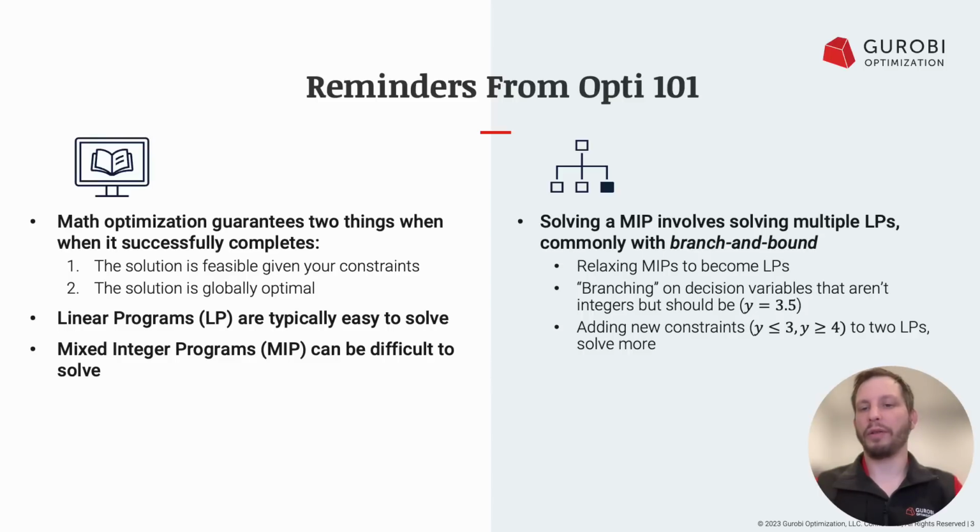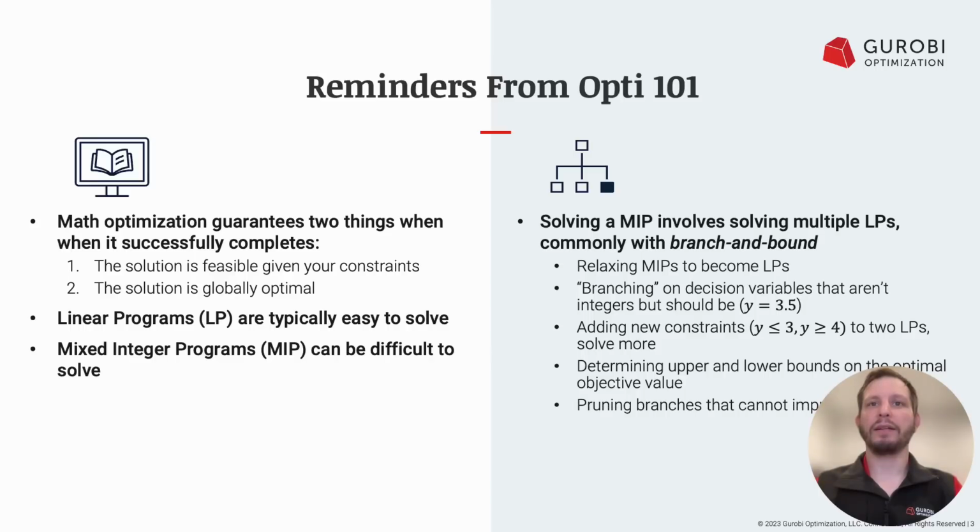And then y must be greater than or equal to 4, and that's another LP, and you continue to solve. Looking at these LPs and how they progress will help you determine upper and lower bounds on an overall optimal objective value. This will also help you prune branches that cannot improve the objective value.